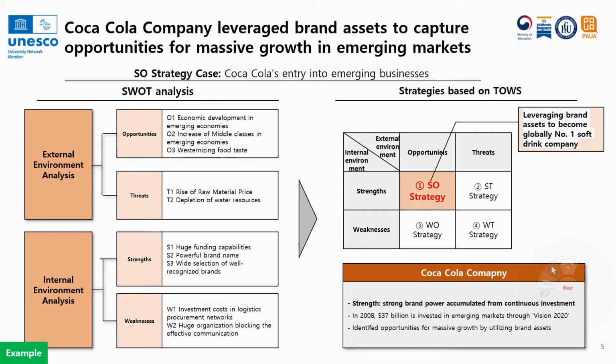In making soft drinks, they require lots of water, and the depletion of water resources could be one of the factors that threaten the business of a lot of beverage companies.